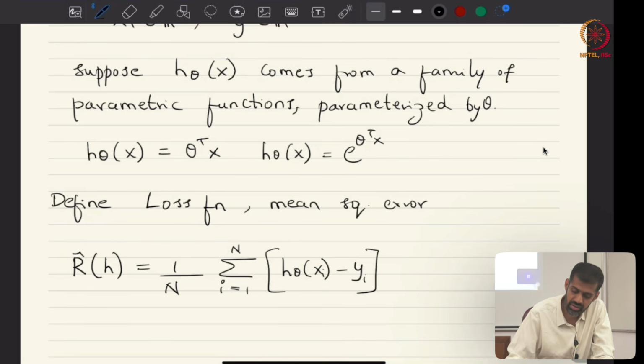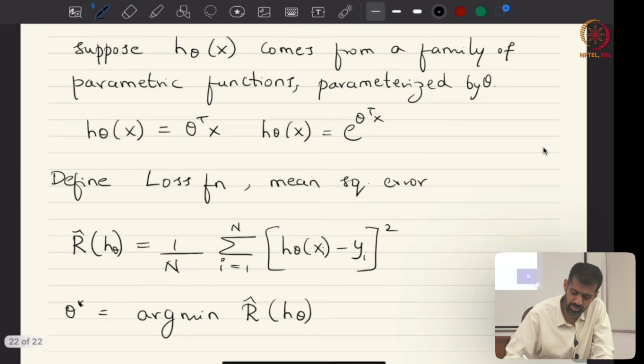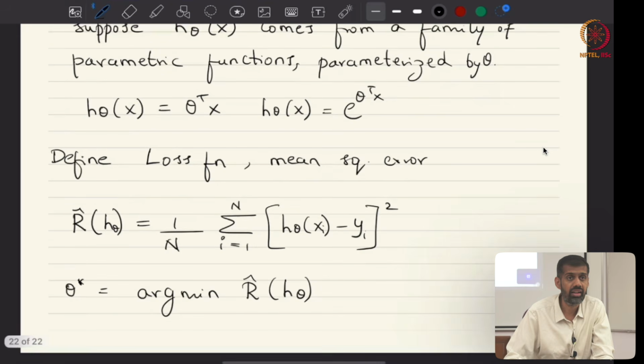These are scalars, right? So I can do this, and find theta star as the minimizer of this empirical risk, and you minimize over the parameters theta.